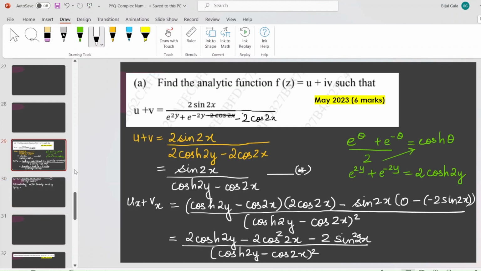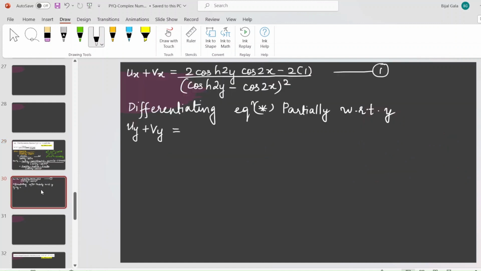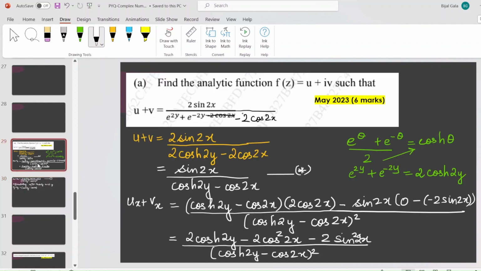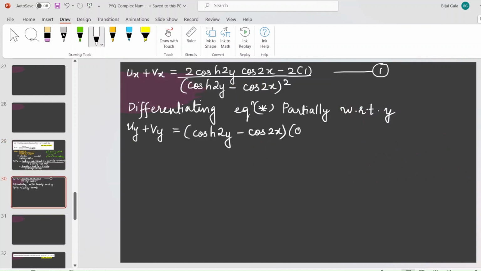Again, u by v rule can be applied, or there's another method. I don't want to get into that now. Okay, so when I apply u by v rule, I'll have v, that is this, times the derivative of u with respect to y. So there is no y term, hence the derivative will be 0, minus the numerator as it is, times the derivative of the denominator with respect to y.